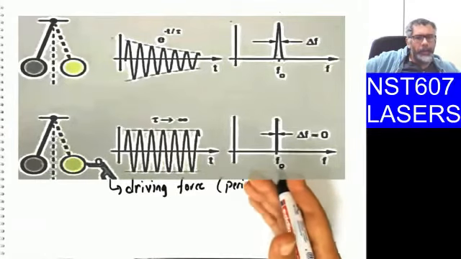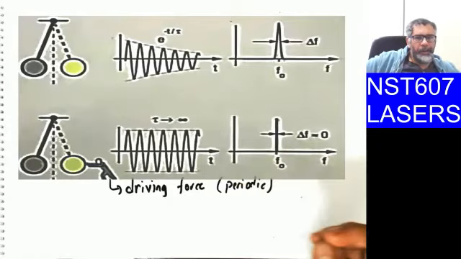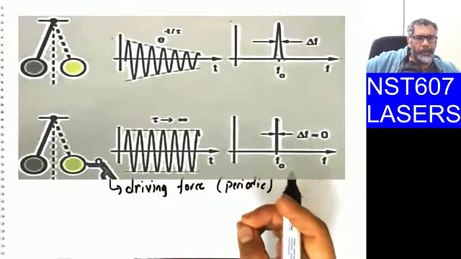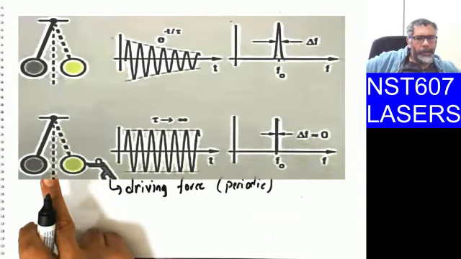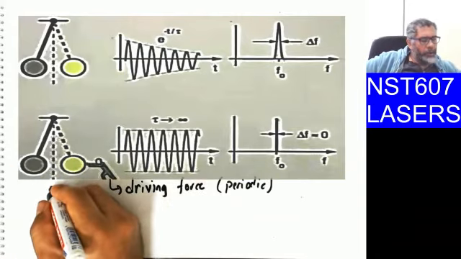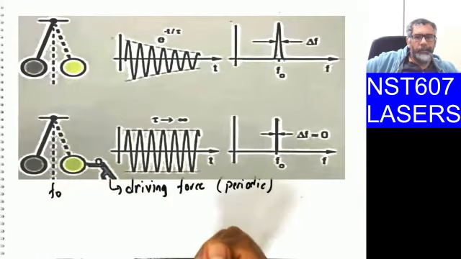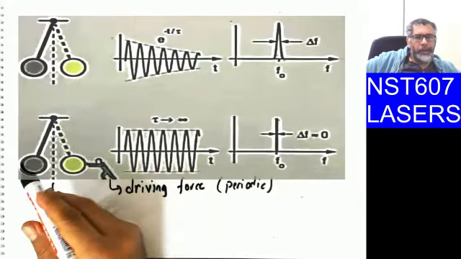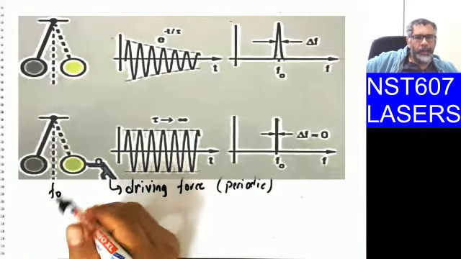Whenever you say that something is periodic, it has some application frequency, right? While this pendulum has its own frequency, let's call this f0, which means the number of swings back and forth in 1 second.